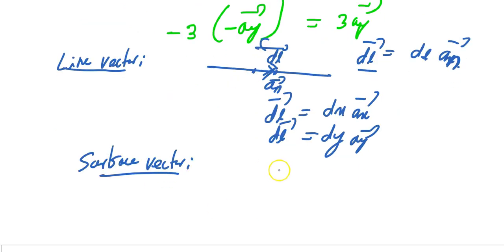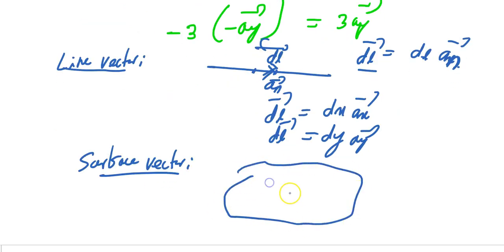Similarly the surface vector. Let's say this is a big surface, but you need to take a small piece. If it is an open surface like a circular surface or a plain paper, you need to have an orientation. So take the small surface in this orientation, let it be ds, that surface area.